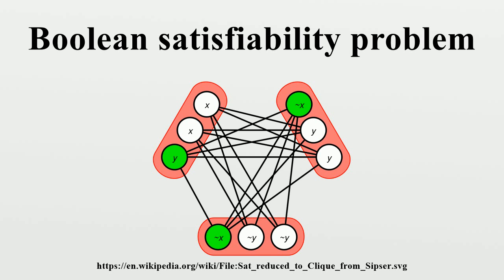Horn satisfiability. The problem of deciding the satisfiability of a given conjunction of Horn clauses is called Horn satisfiability, or Horn SAT. It can be solved in polynomial time by a single step of the unit propagation algorithm, which produces the single minimal model of the set of Horn clauses. Horn satisfiability is P-complete.